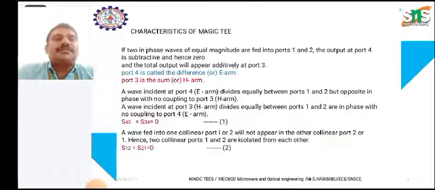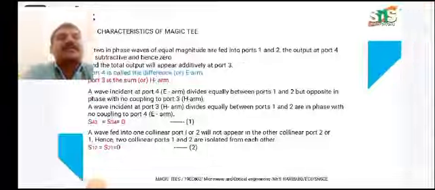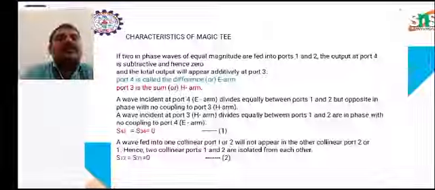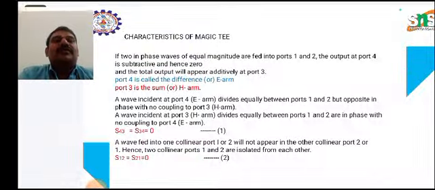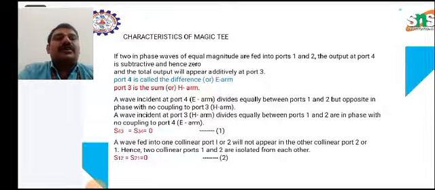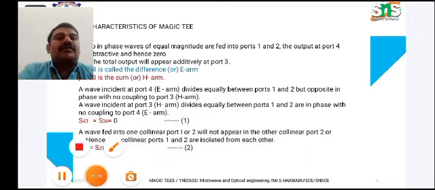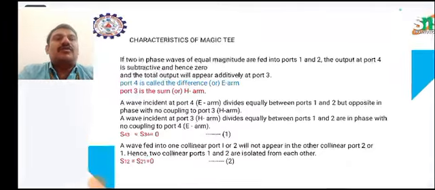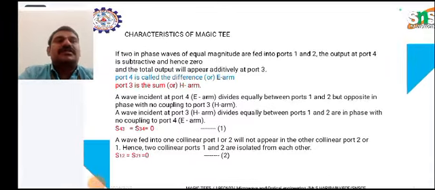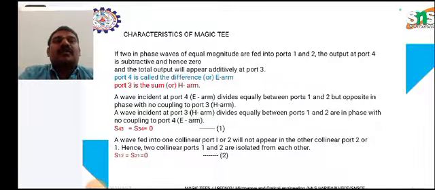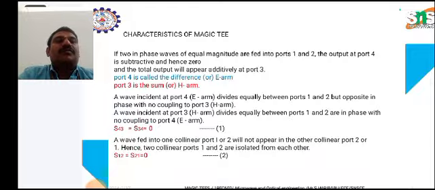See, the characteristics of magic T. If two signals in phase and of equal magnitude are fed into ports 1 and 2, the output at port 4 is subtractive and hence 0, and the total output will appear additively at port 3.